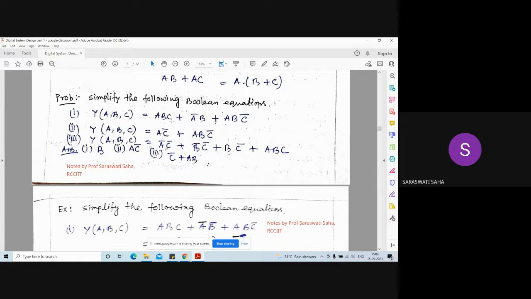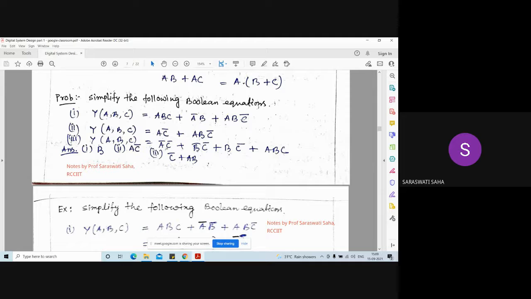So you need another 3 input OR gate to get the final output Y. You should connect these 3 terms to the inputs of the 3 input OR gate, and finally from the output you will get this Y. And then you can say that yes, Y is equal to ABC plus A bar B plus AB C bar.